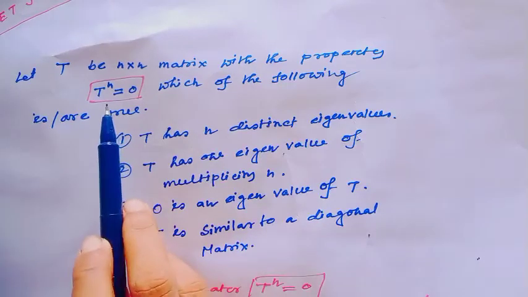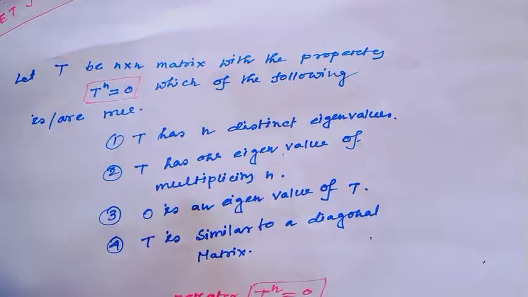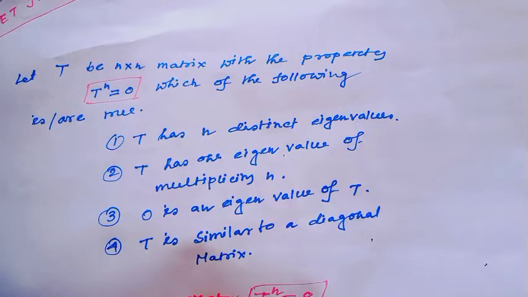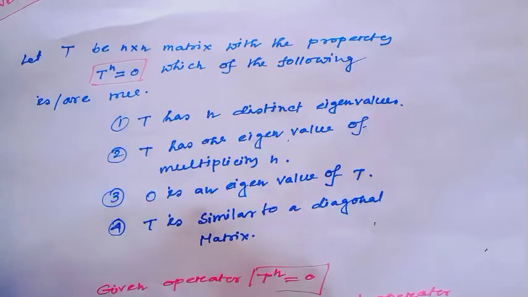Notice here the operator is T to the power n equal to the 0 operator. That means obviously this operator is a nilpotent operator. We all know this.